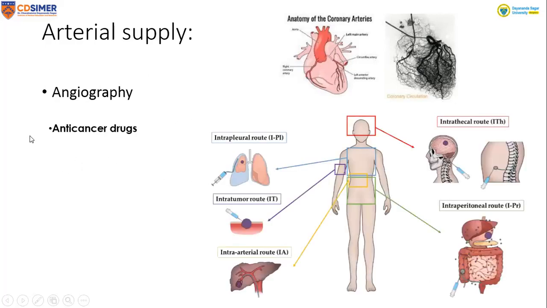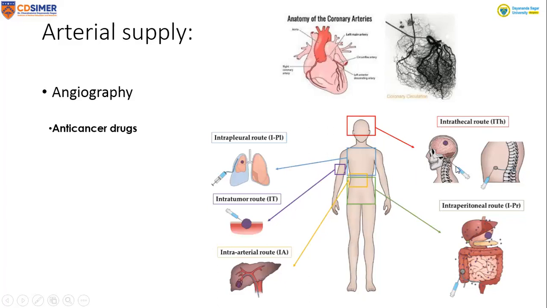Anti-cancer drugs can be given to varieties of tissues by local injections. The intrapleural route of administration can be used to reach some of the cancers, and the intra-tumor route can be used for reaching the tumor, and then the intra-arterial route can be used to reach some of the important sites, as you can see here.